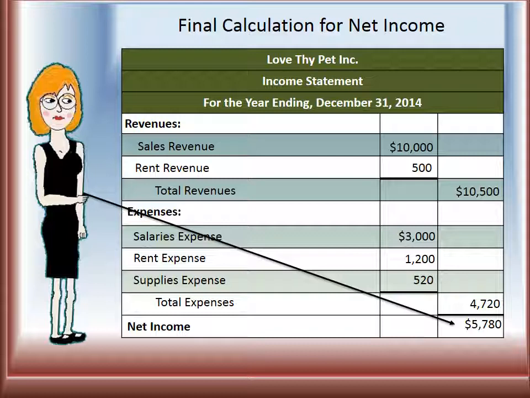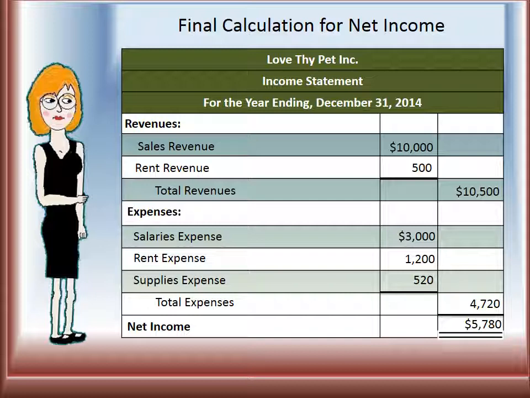In this case, we are subtracting the expenses from the revenues to get our net income. And then we put a dollar sign on the net income, and we add double underlines to denote that we're finished with the statement. So this is the end of the statement. This is what it looks like and how you calculate it.